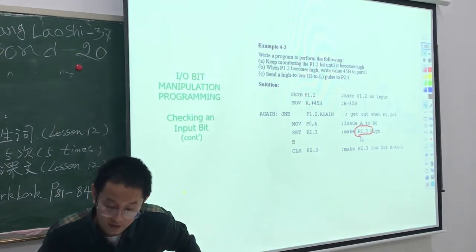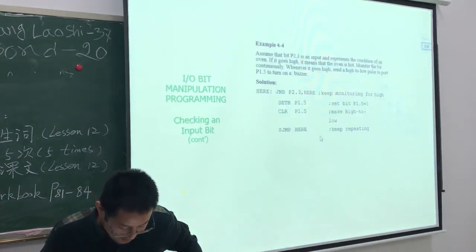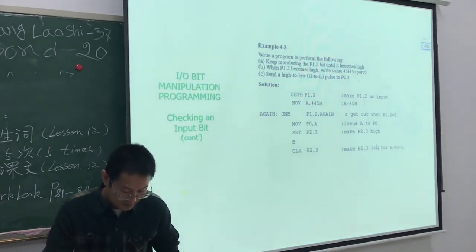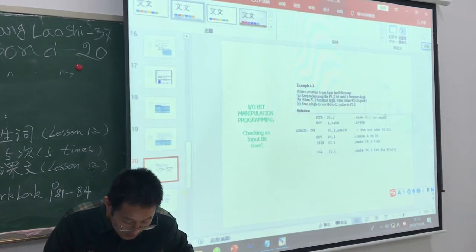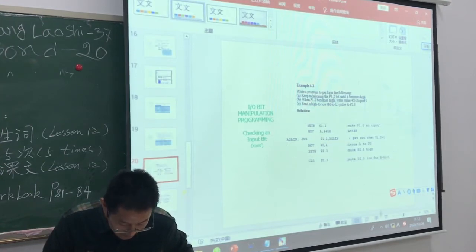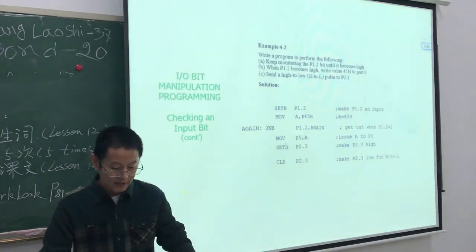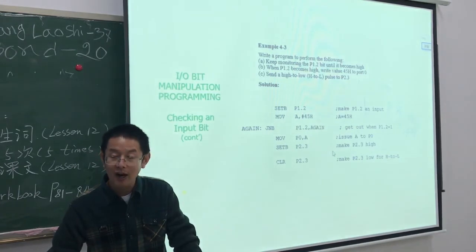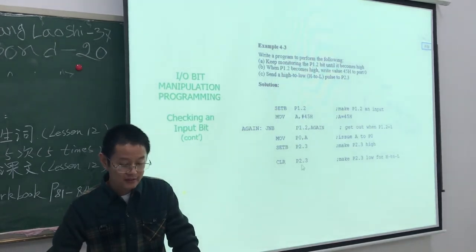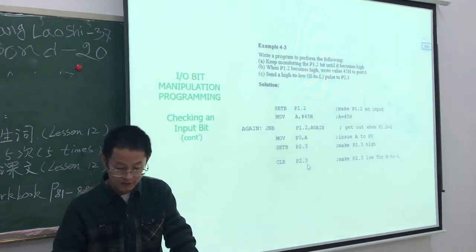How is it equal to 1? Sorry. This instruction SETB makes P2.3 become 1. CLR makes this bit become 0.